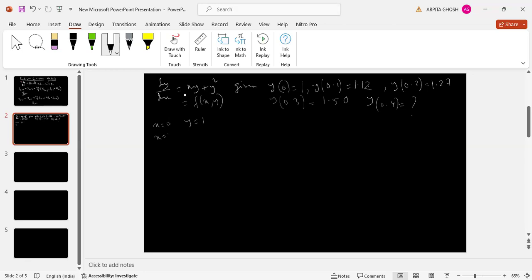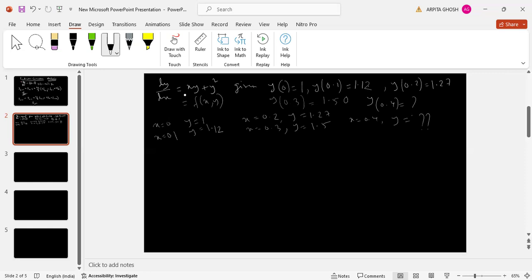X equal to 0.1, y equal to 1.12. X equal to 0.2, y equal to 1.27. X equal to 0.3, y equal to 1.5. Then x equal to 0.4, what is the value of y? This is the question.